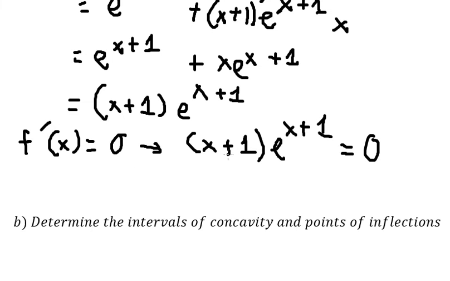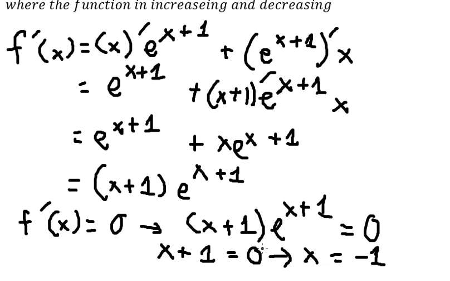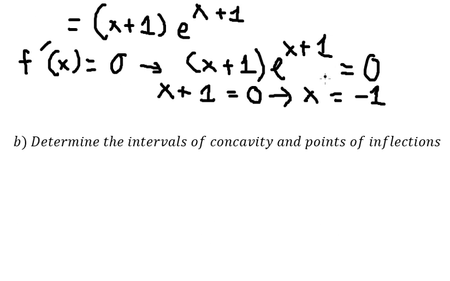In this situation, we have x plus 1 equals to number 0, and we have x equals to negative number 1. This is the critical point in here, because we don't have any value equal to number 0 for the exponential part, so we have only 1.